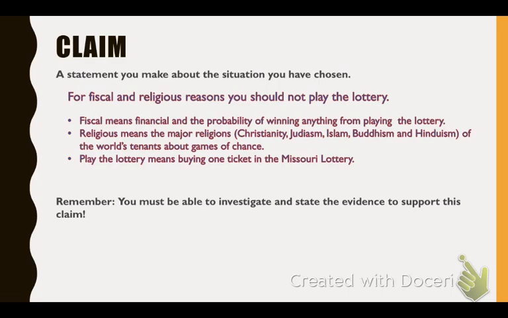Now you have framed your claim statement and defined it in a way such that you can gather really solid evidence to support your claim. Remember, you must be able to investigate and state the evidence to support this claim. So coming up with a good claim statement is kind of hard, and it might take a couple of iterations to do that.